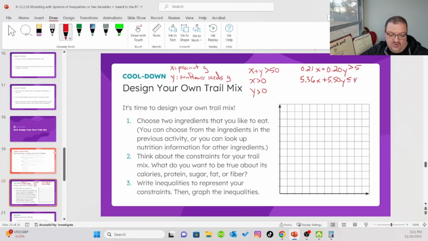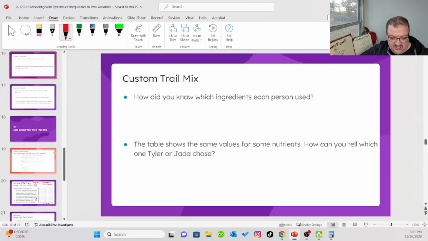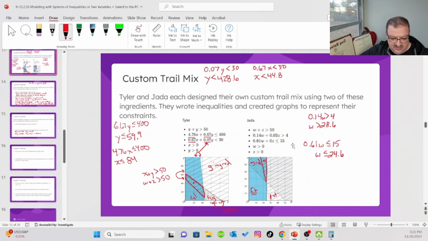I'm going to try for the same thing. So now down here, I have grams of peanuts. Along here, I'm going to have grams of seeds. And we'll try to label it the same way as the activity did.